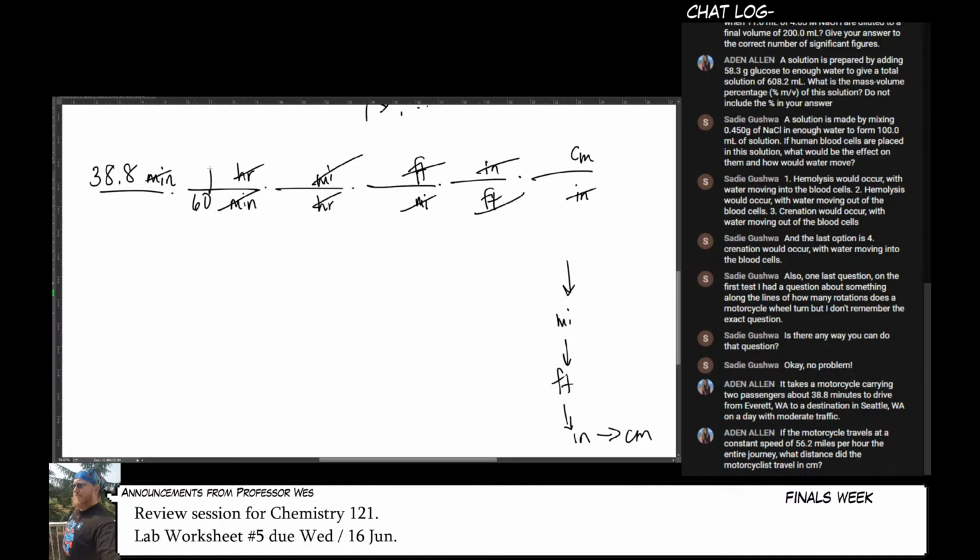So there's 60 minutes per hour. We were traveling 56.2 miles per hour. In a mile, there are 5,280 feet. In a foot, there are 12 inches. And in an inch, there are that many centimeters.